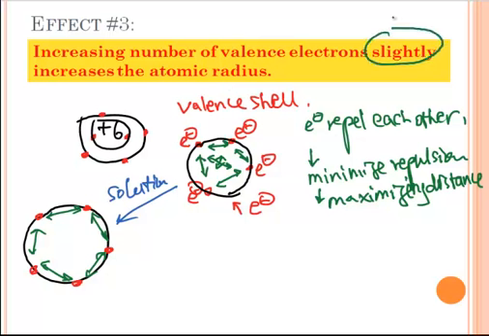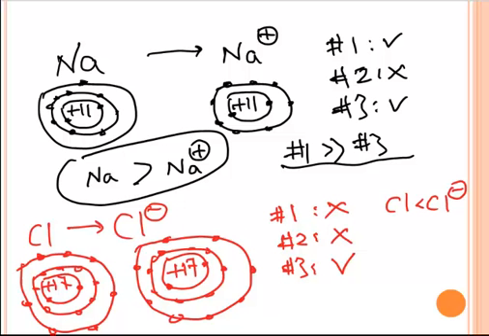And the third, the last one, is that as we pile more and more electrons on the same valence shell, you're going to enlarge the size of the atom slightly, due to the effort of minimizing the repulsion between the same negatively charged electrons. So for all situations, you analyze the problem in detail, then you identify which effects are present.